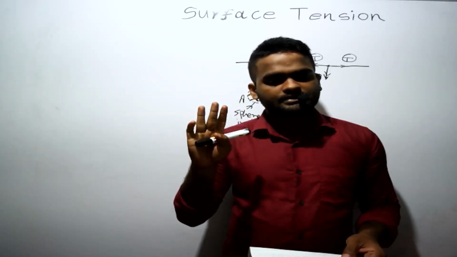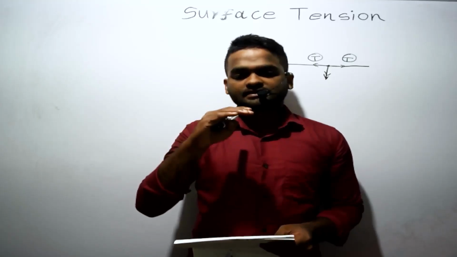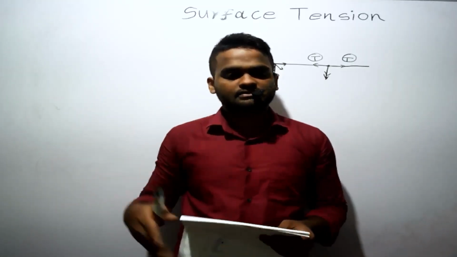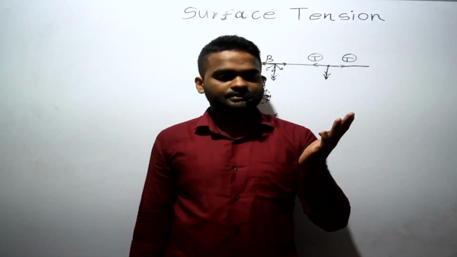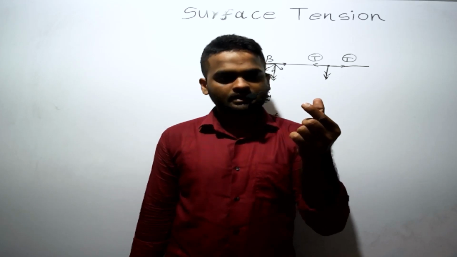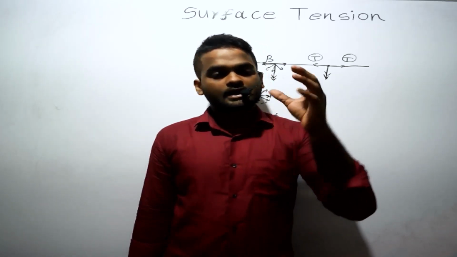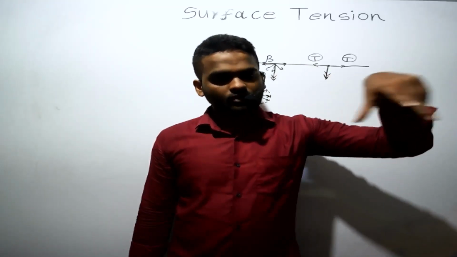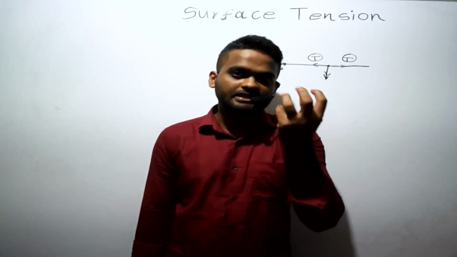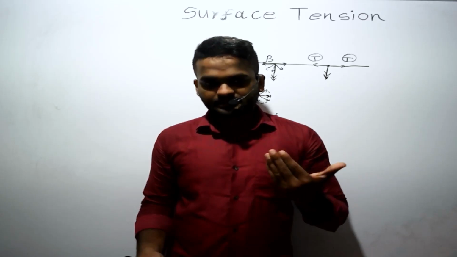So far we have discussed the evidence for surface tension, right? So those examples: why you can place a needle on a liquid surface. The reason is not upthrust, the reason is surface tension. Why an insect can walk over a liquid surface. Why a soap bubble takes a spherical shape. Those examples we will be discussing as applications.